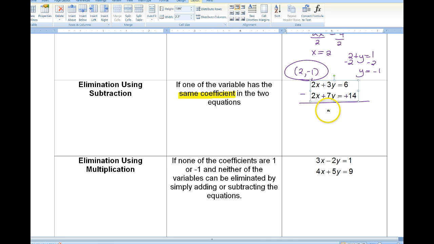So we get 10y equals 20. Does that make sense? What do we get for y? 2. Then 2x plus 3 times 2 equals 6.